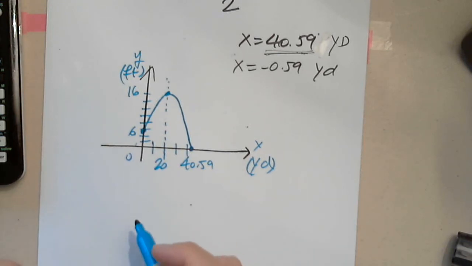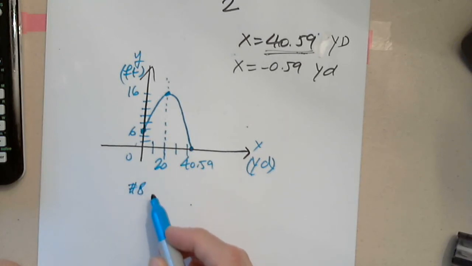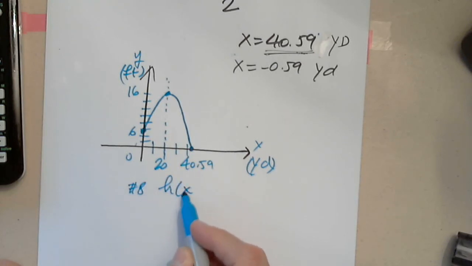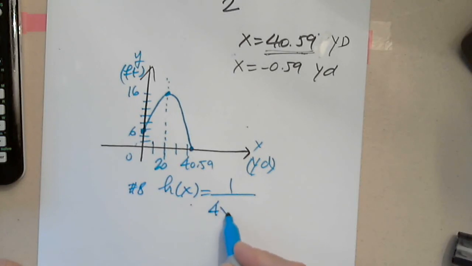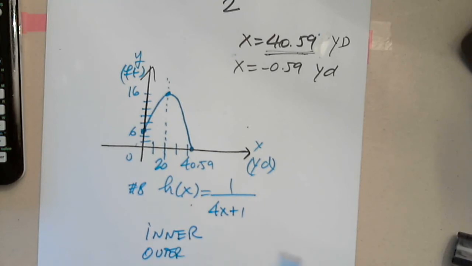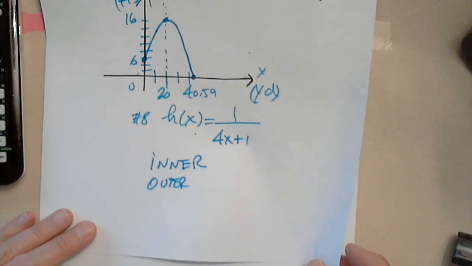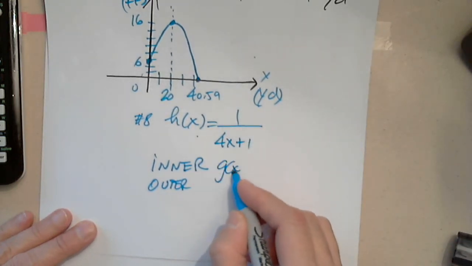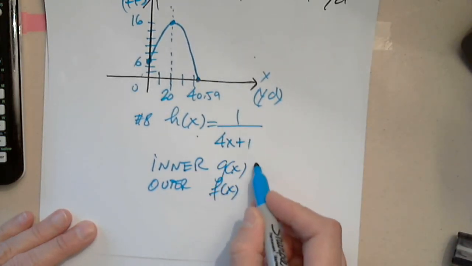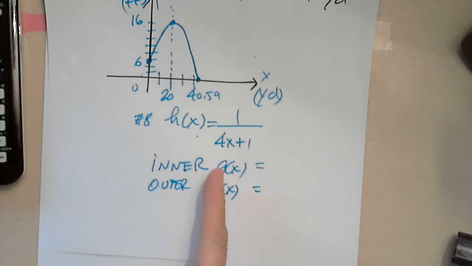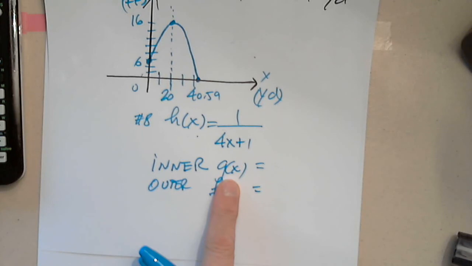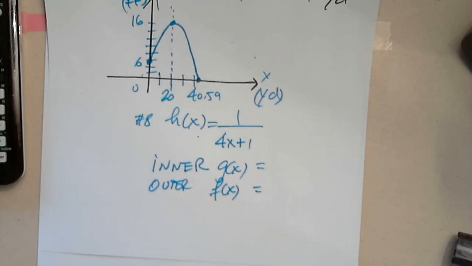Yes. So in number 8, we have h of x, which is 1 over 4x plus 1. So they want us to find an inner and an outer. The inner is denoted by g of x and the outer by f of x, to decompose this function into an inner, which we'll apply first, and an outer, which we apply second.